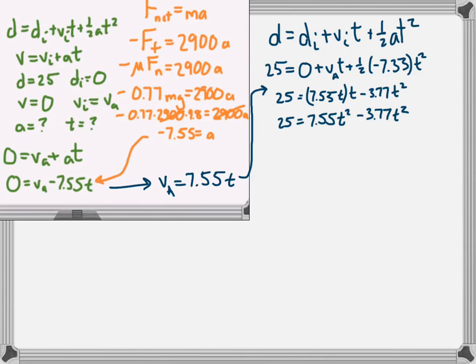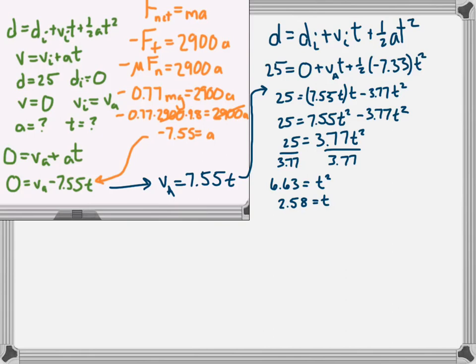Those are like terms, so I can combine them, and you end up with 3.77 t squared. Then we can divide both sides by 3.77 and find out that t squared is 6.63, or that our time equals 2.58 seconds. So it's going to take 2.58 seconds for those two cars to skid to a stop.